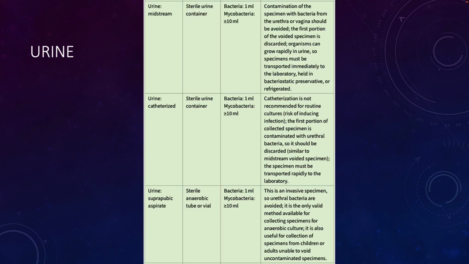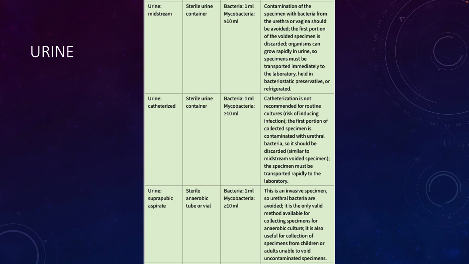You can also collect urine specimens. Most commonly, if a patient has a suspected urinary tract infection, they simply urinate into a sterile cup to catch the urine midstream. You want the patient to have started to urinate because that flushing could get rid of any skin bacteria that might be there.